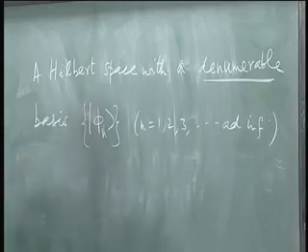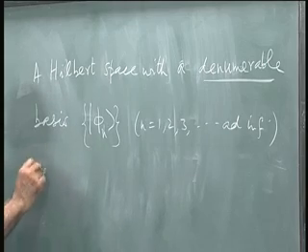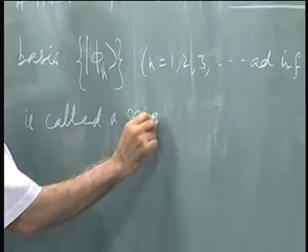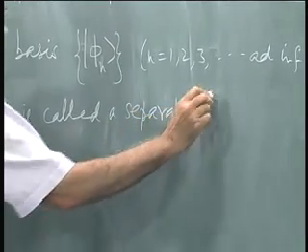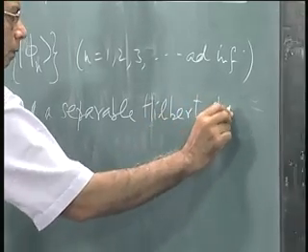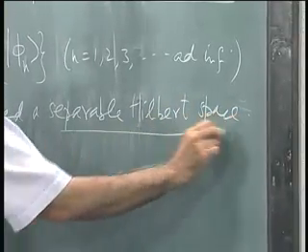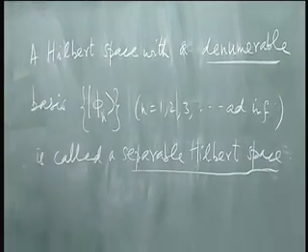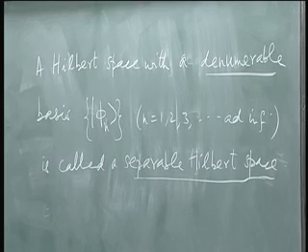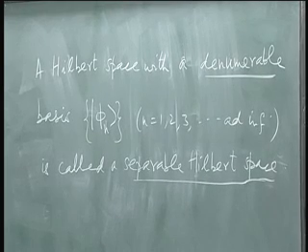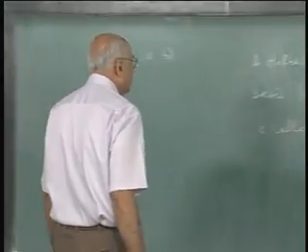A Hilbert space with a denumerable basis is called separable. We are going to work specifically with separable Hilbert spaces. There are technical cases where you do not have a separable space, and then this is outside the purview of our course here. Okay.